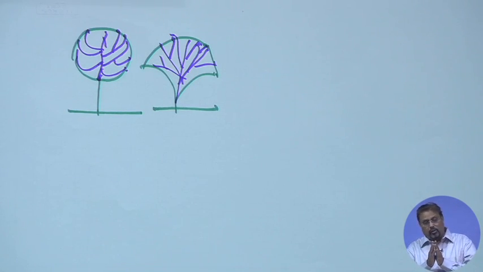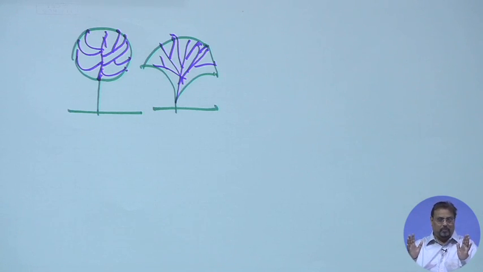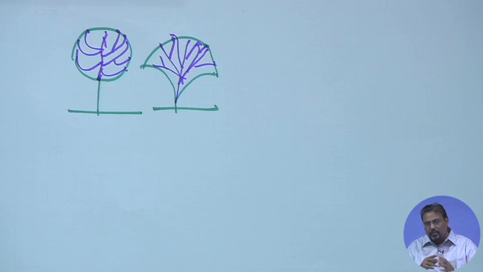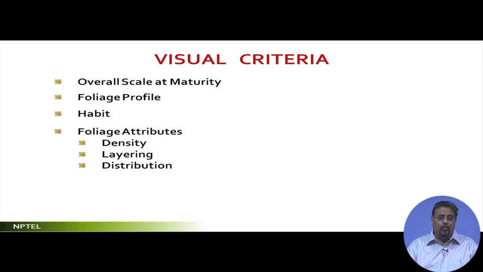That means what is the branching pattern, and the best way to see this branching pattern is for deciduous trees. When it has shed all its leaves, you see the real habit of it. Or else if it is an evergreen tree, then you have to make your effort to visually disregard the leaves intercepted between your view and then try to configure what is the branching. That is habit.